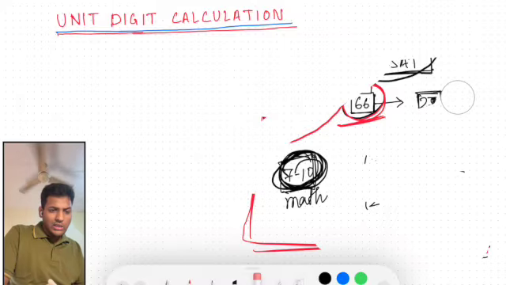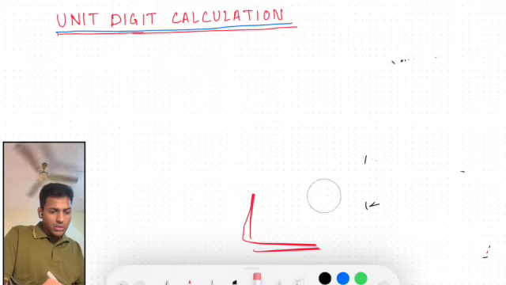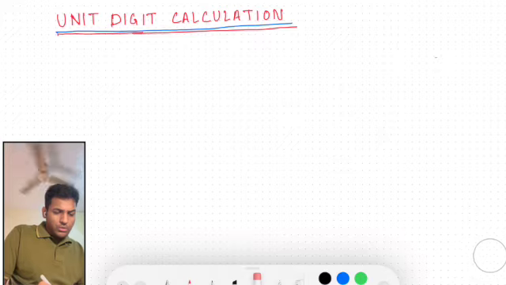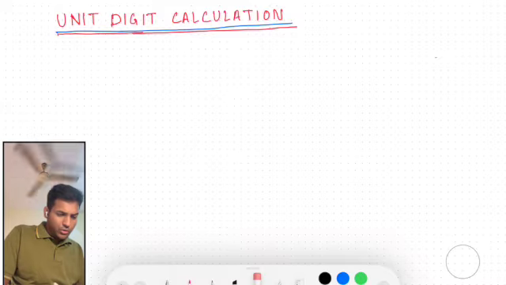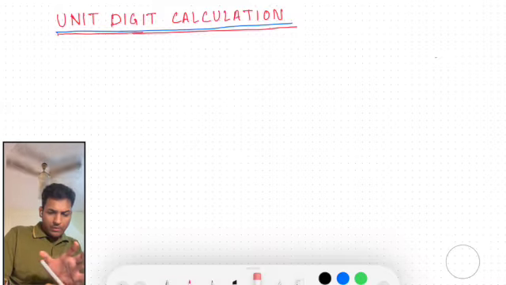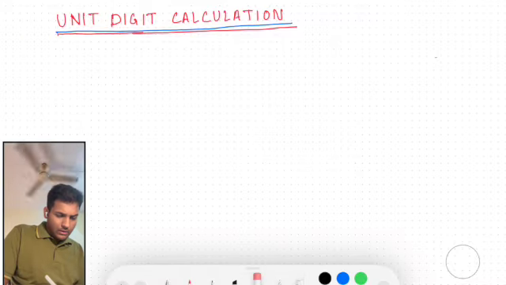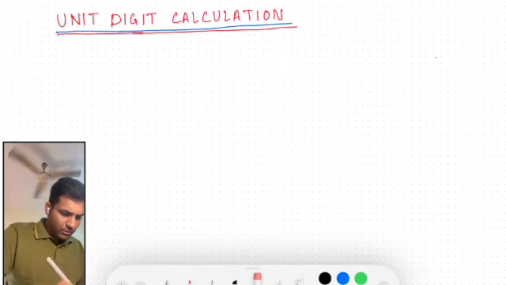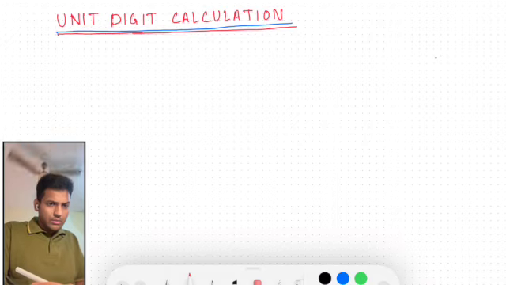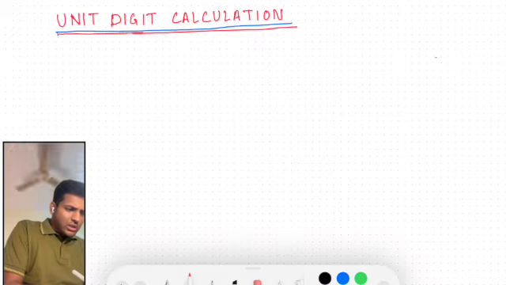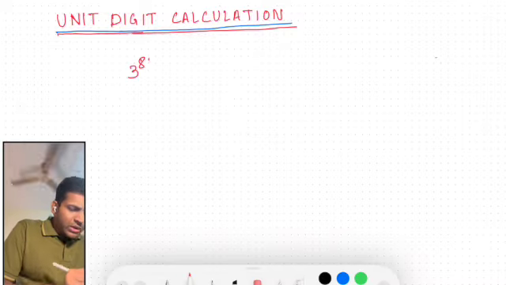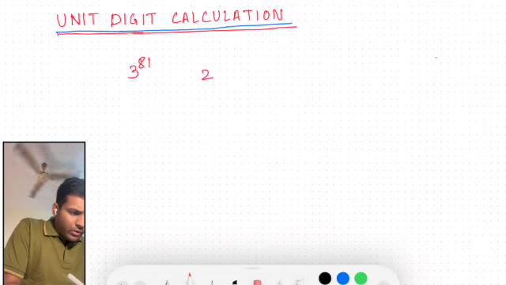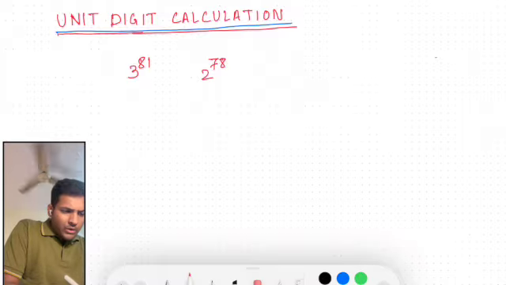Now why I was saying this, because these unit digit questions are very easy to spot. Mostly these questions are like, what will be the unit digit of this expression?